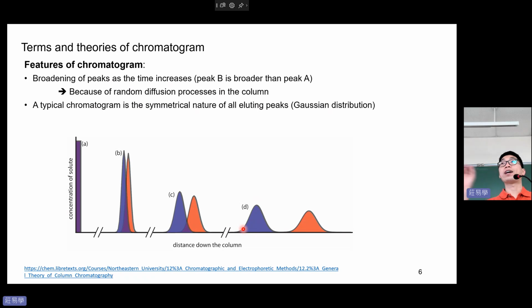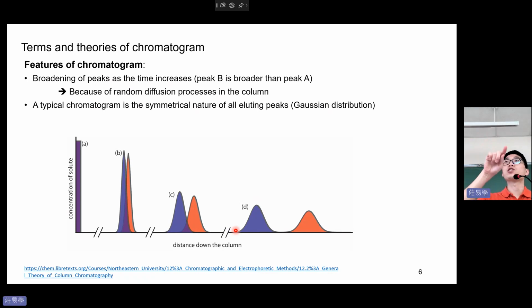But in reality, if your column is aged, or you have used it for a long time and the column is impaired by junk or other reasons, from time to time you will get a skewed peak. A skewed peak means that it's no longer symmetric anymore.